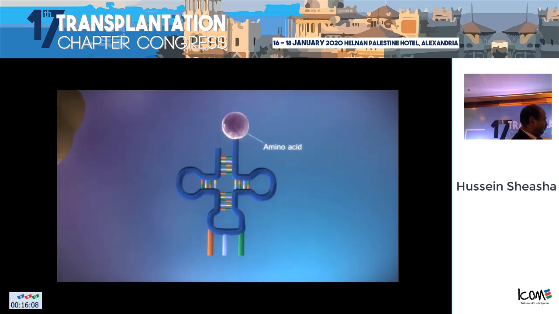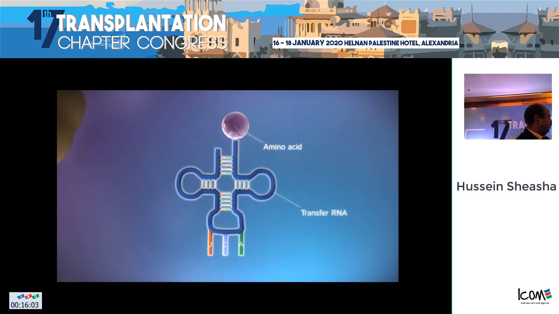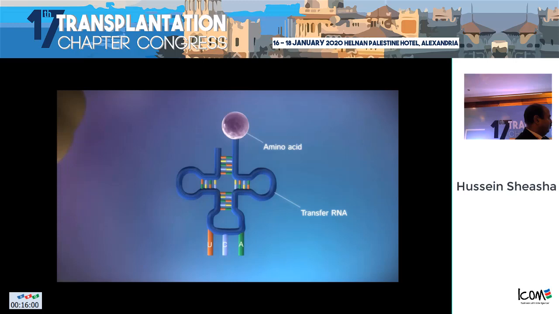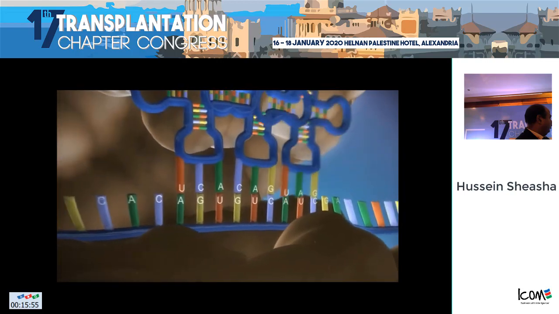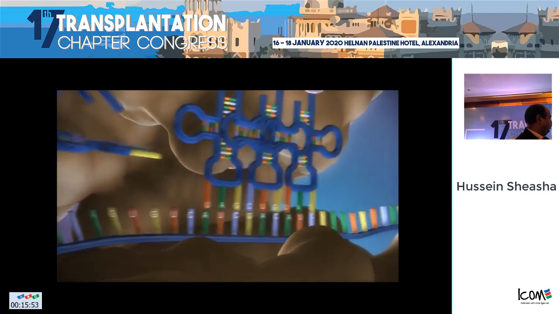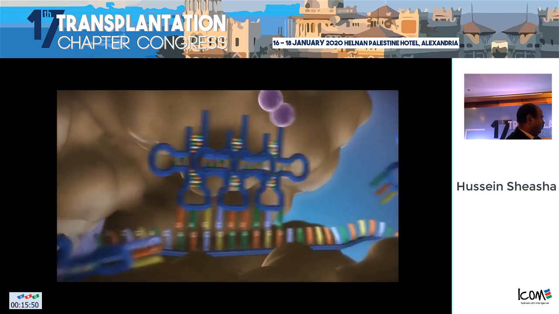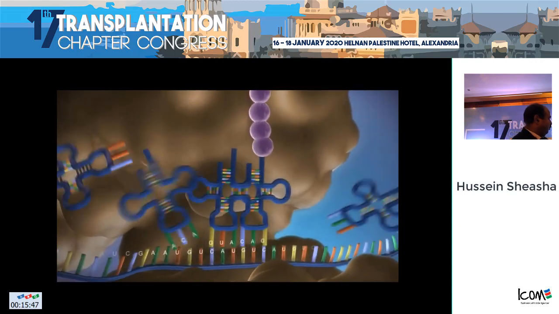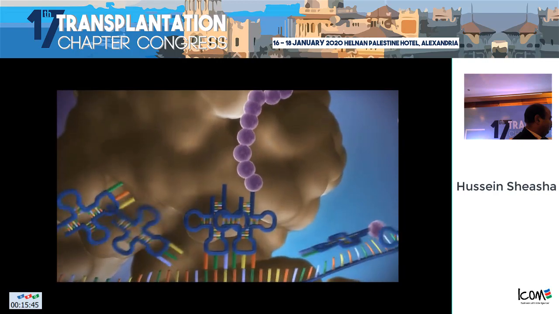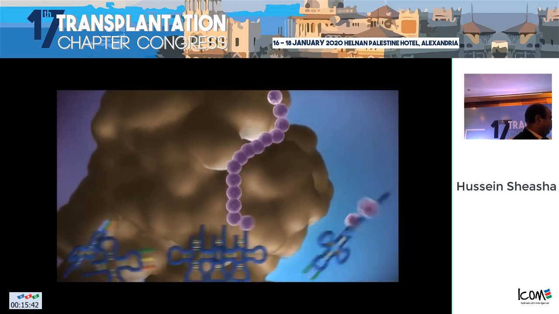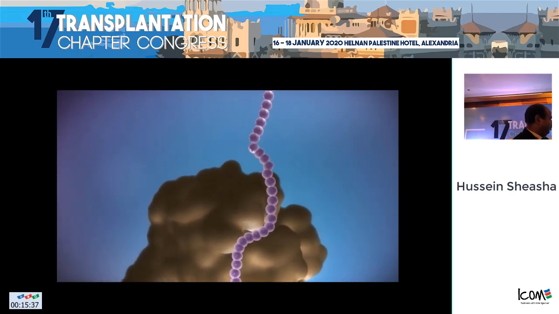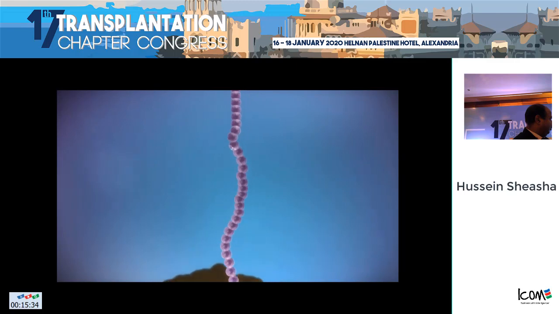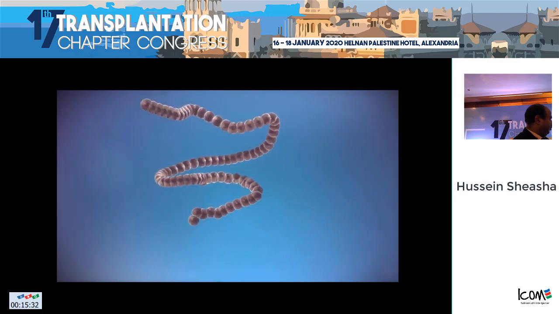There are 20 different types of amino acids. Transfer RNA molecules carry the amino acids to the ribosome. The messenger RNA is read 3 bases at a time. At each triplet is read, a transfer RNA delivers the corresponding amino acid. This is added to a growing chain of amino acids. Once the last amino acid has been added, the chain folds into a complex repeating chain to form the protein.